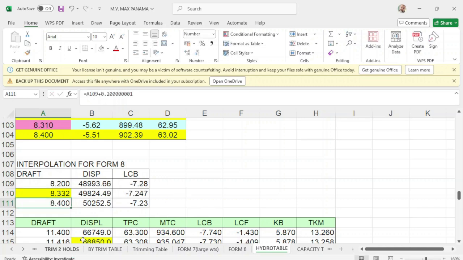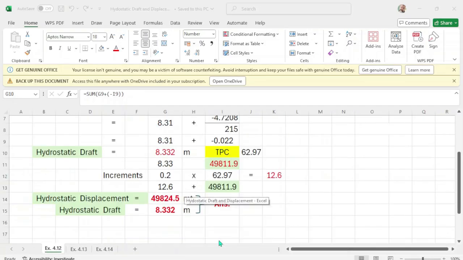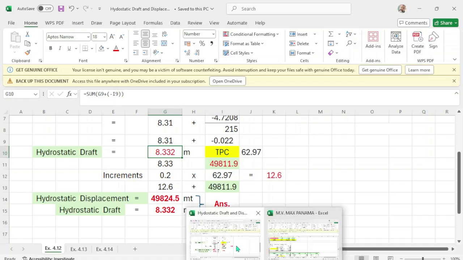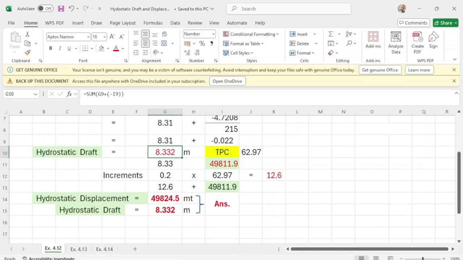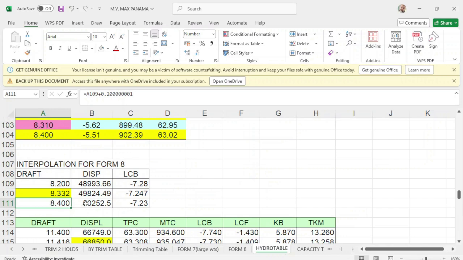The displacement is 49824.5. It is already rounded up.